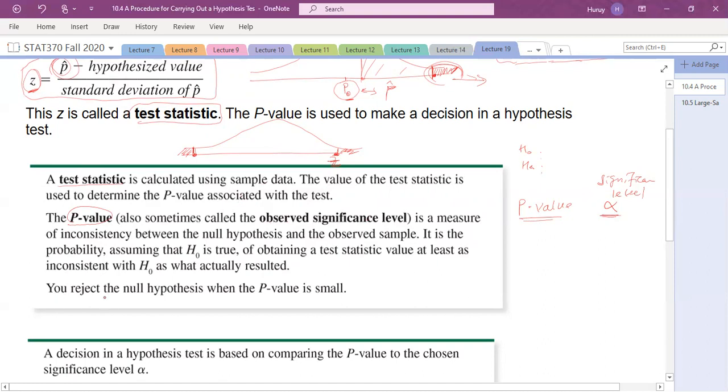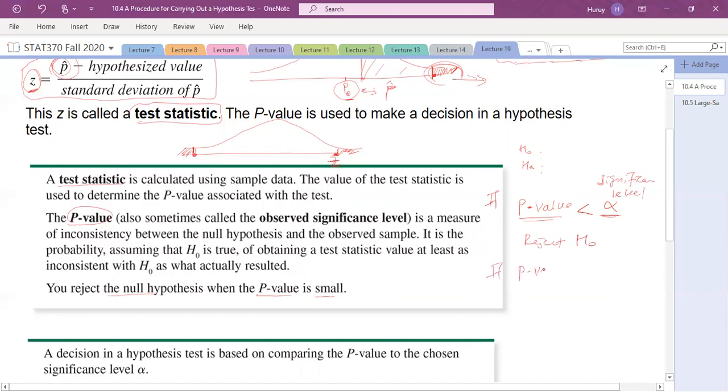And we reject the null hypothesis when p-value is small. What do we mean by small? Well, if it is smaller than alpha. So if your p-value, this p-value that you get using technology or from the table, if it is smaller than alpha, then reject the null hypothesis.